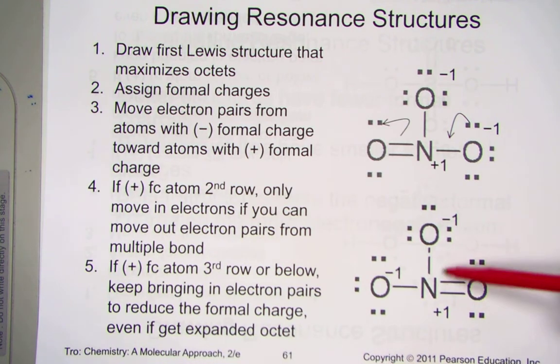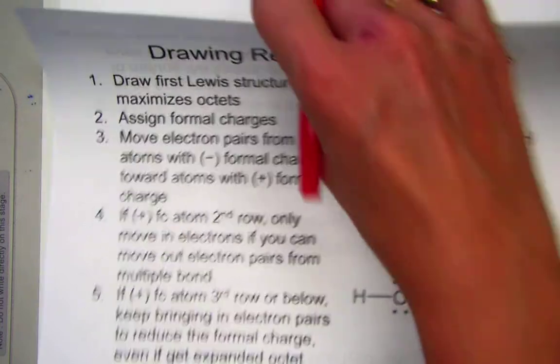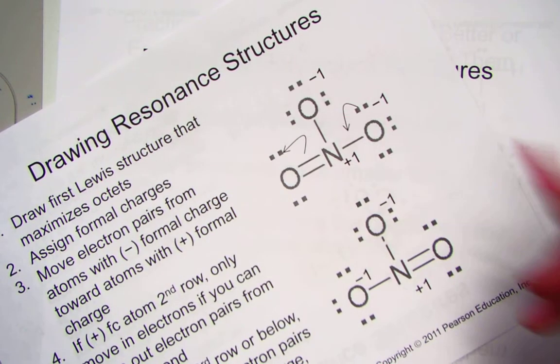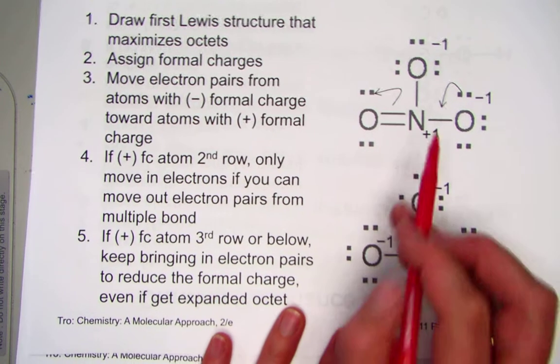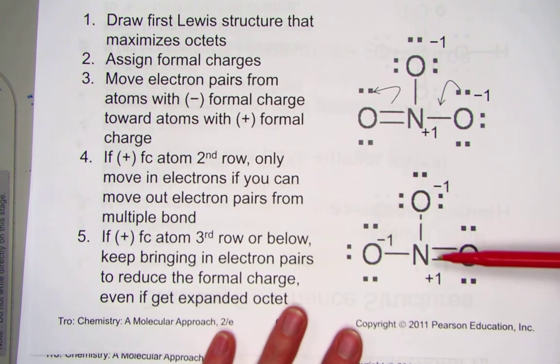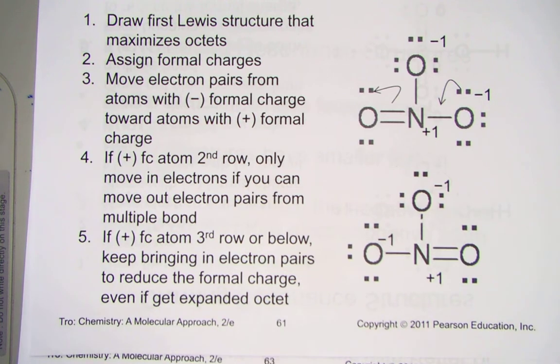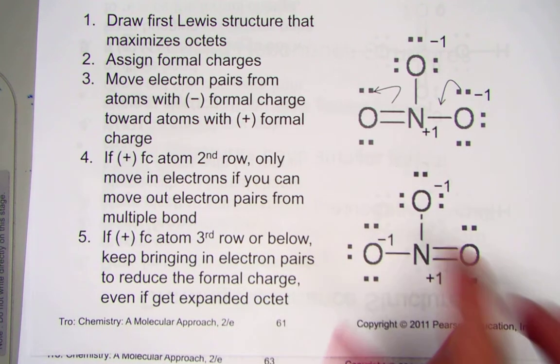I can also see a third possibility in this picture. The third possibility could show the nitrogen having a double bond north. So I could see 3 equal resonance structures. A double bond going to the left, or a double bond going to the right, or a double bond going to the top, and the others remaining singles. This particular molecule has 3 possible resonance structures.